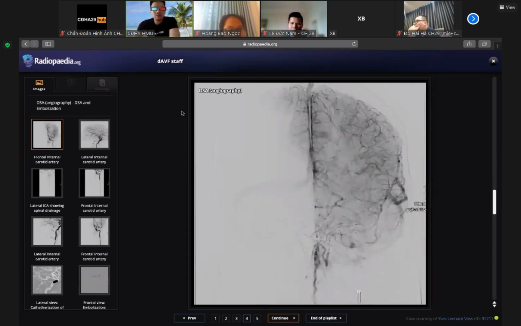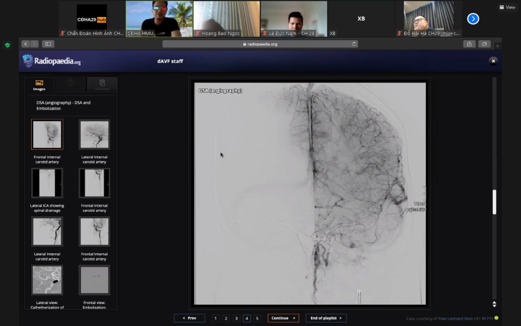Whew. It's really hard, right? I think it's really hard to detect the vessel anatomy in case of dAVF, but regarding the diagnosis, I think it's not really difficult.